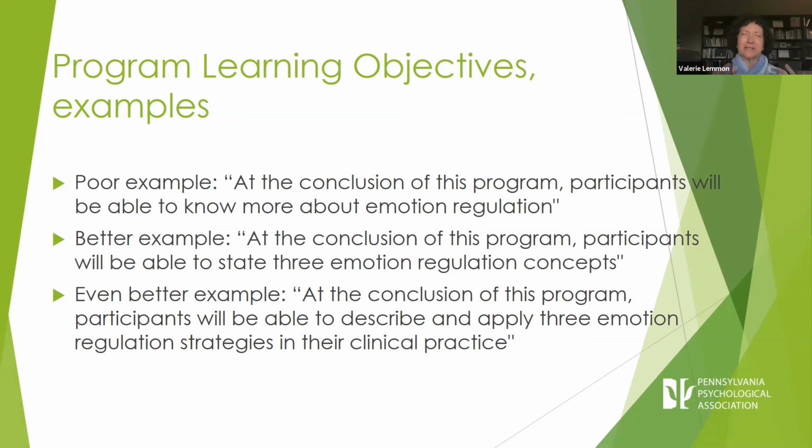So again, it comes back to this question of how will we, as the people delivering the workshop, know that somebody knows something? So don't write your objective that way. A slightly better example is something like, at the conclusion of this program, participants will be able to state 3 emotion regulation concepts. State is at that lower level in Bloom's taxonomy.